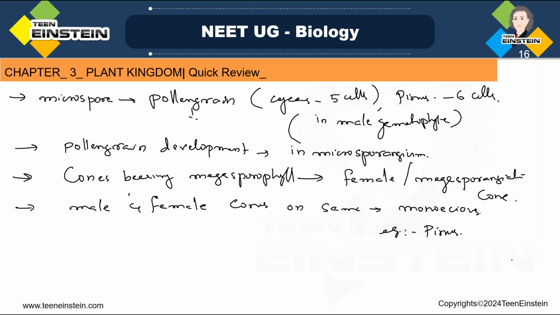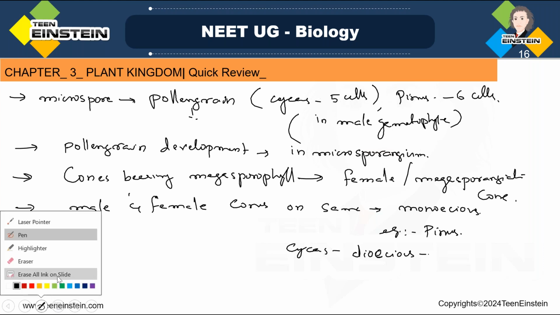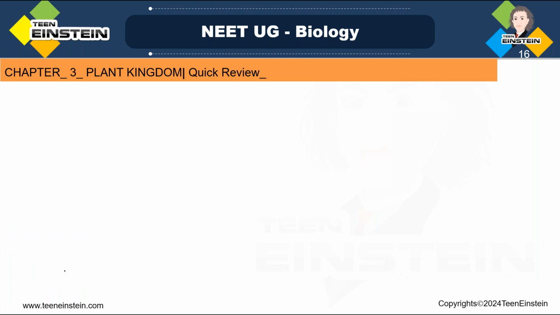In cycas, male cones and megasporophylls are born on different trees, so cycas is dioecious. Clear? So both monoecious and dioecious plants are there, depending upon the plant type. We have already said this in general features.